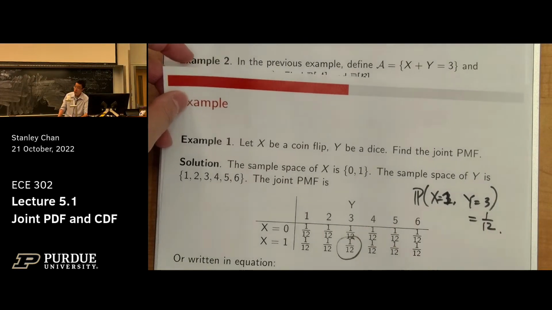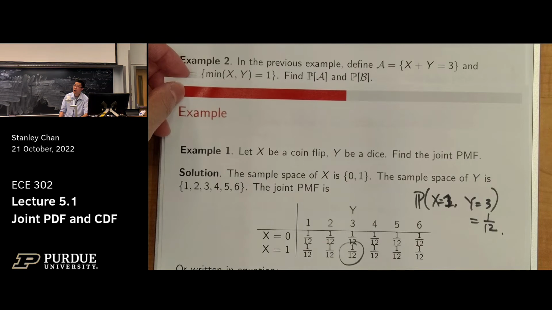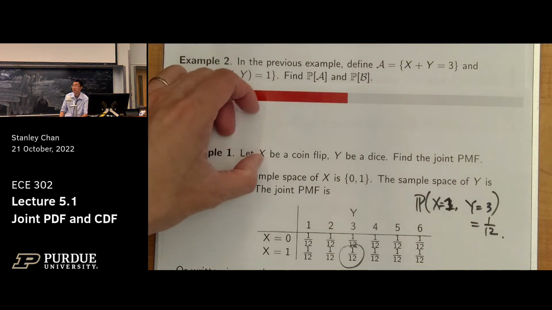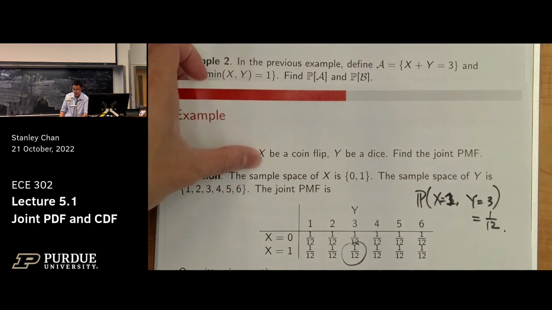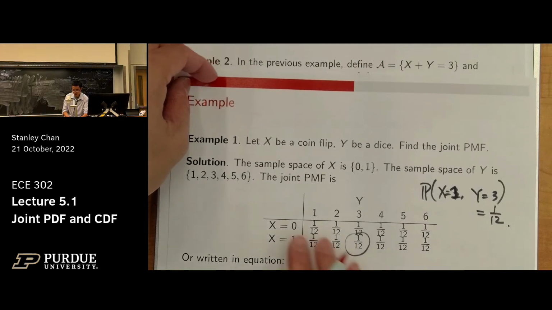The table is given to you. Numbers are here. What is the probability? Or in other words, what are the elements in this event? Let's look at it. How can I get X plus Y equals 3?